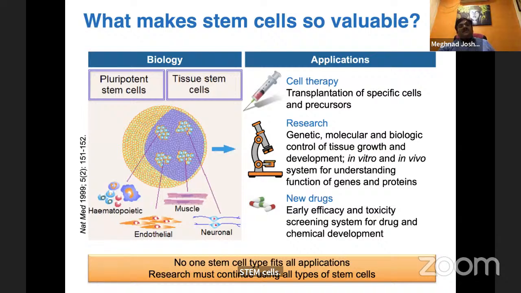So why are stem cells so valuable in the present situation? A little bit to discuss about the pluripotent cells or tissue-specific stem cells. Now, there are several applications which we are now actually into clinical reality.